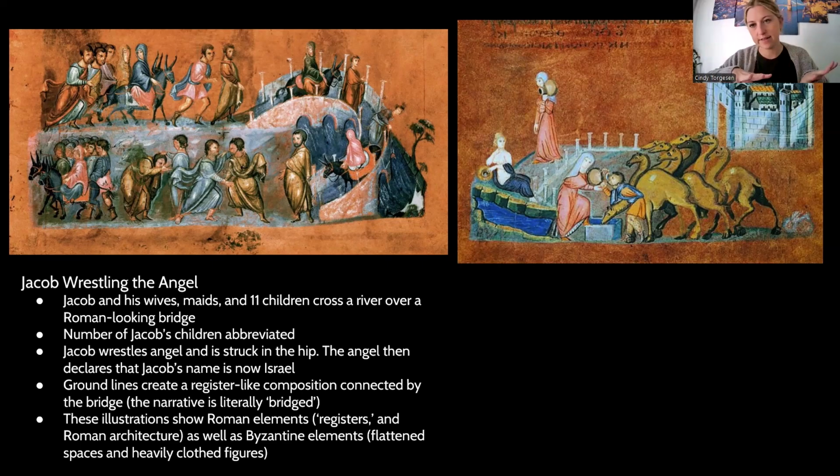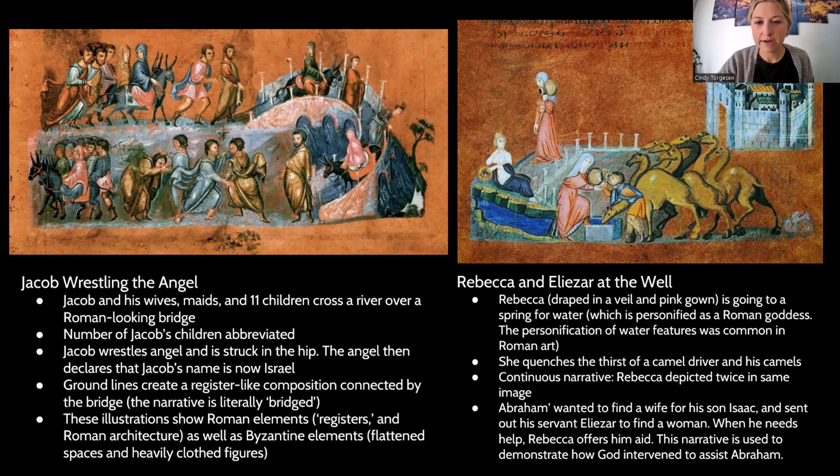We don't need to get into the specifics of the story, but every person you see here is not a different person; there's repetition of the same people over and over again as a continuous narrative. And then on the right we have Rebecca, who is at a river with her camel. It's another story from the Old Testament that is important.